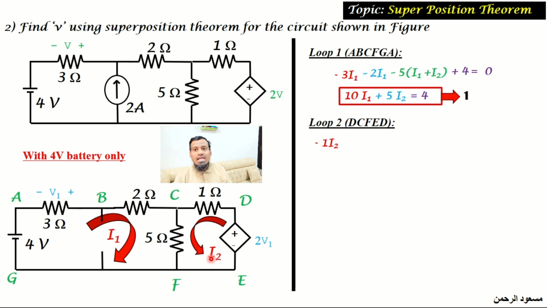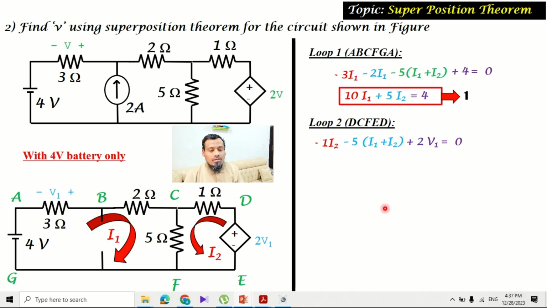As the loop direction and the current direction are the same, here also there will be a potential drop, for which minus 5 multiplied by I1 plus I2. And when you travel from F to E, there are no elements, and from E to D, there is a dependent voltage source for which, according to the current direction, the current is flowing internally from minus to plus. So it is a potential rise of voltage V1, which is equal to 0.